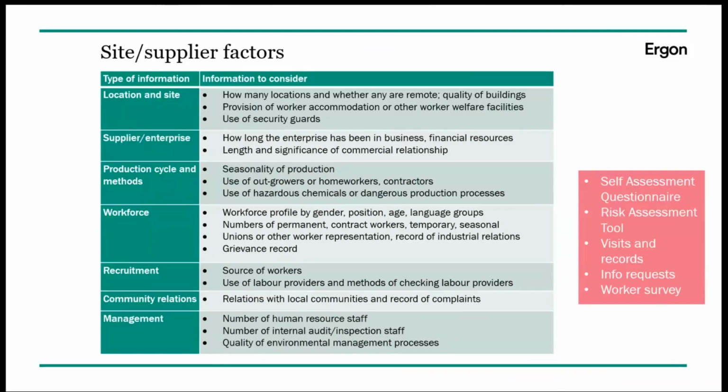So you can get this sort of information from self-assessment questionnaires, from the new Sedex self-assessment questionnaire, from audits, from visits, from colleagues who've been to visit suppliers, worker feedback and hotlines, lots of sources of information about the specific situation at a supplier site.